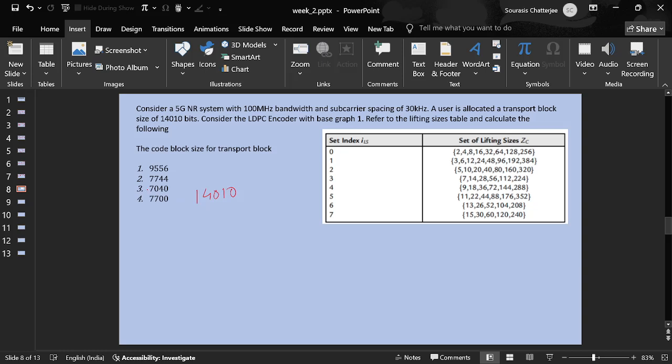Does the 14010 include the 24-bit CRC, or do I need to append it? No, it doesn't, because it's the transport block that is being transferred from MAC to the PHY layer. CRC insertion we need to do in the PHY layer, so it's not included.